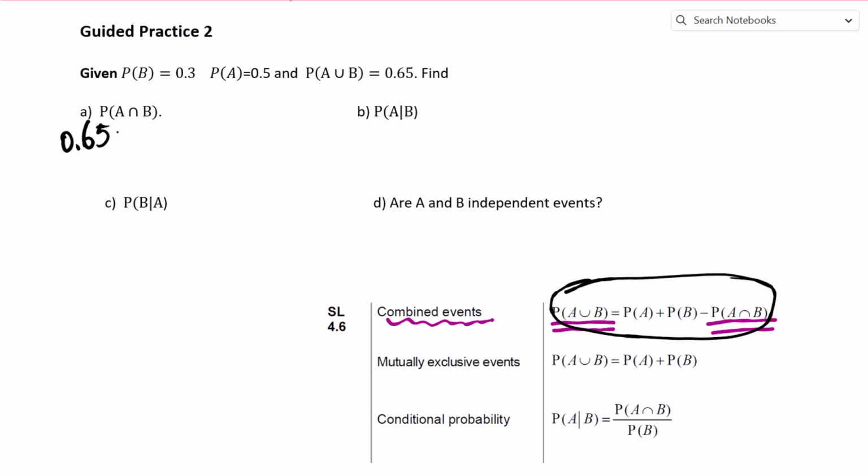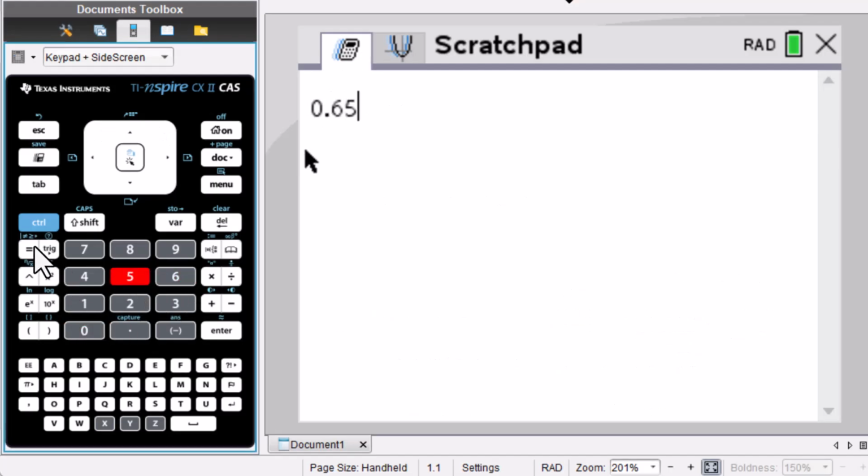0.65 equals P of A is 0.5, P of B is 0.3 minus probability of A intersection B. Let's go to calculator. 0.65 equals 0.5 plus 0.3 minus probability of A intersection B. Let's use the variable A to represent.